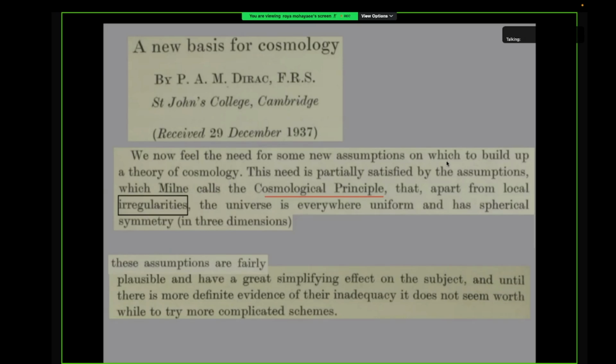He says that apart from local irregularities, the universe is everywhere uniform and has a spherical symmetry in 3 dimensions. These assumptions are fairly plausible and have a great simplifying effect on the subject. And until there is more definite evidence of their inadequacy, it does not seem worthwhile to try more complicated schemes. So this is the cosmological principle. You can consider it like a religion on which you are going to build your science.